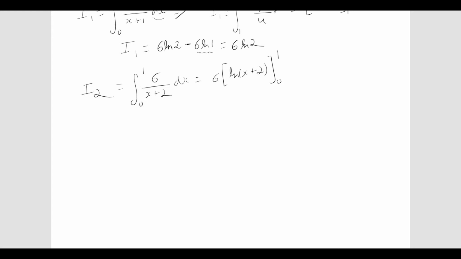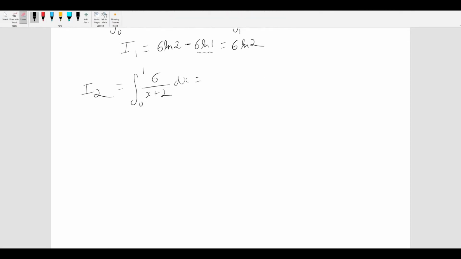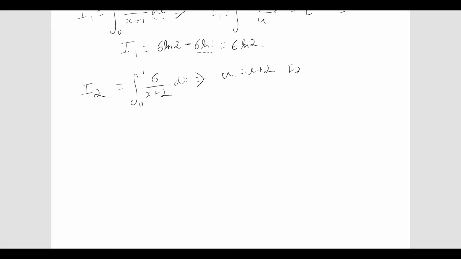if you can just see the result of the integration, just skip ahead. Otherwise, again, I'm going to do a simple substitution and make use of the natural log integral. So I'm going to let u be x plus 2, so that once again I have I2 being the integral from 2 to 3 of 6 over u, and then again du is equal to dx because it's simply linear.